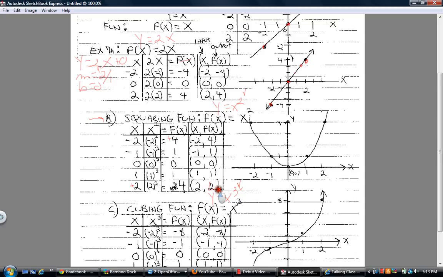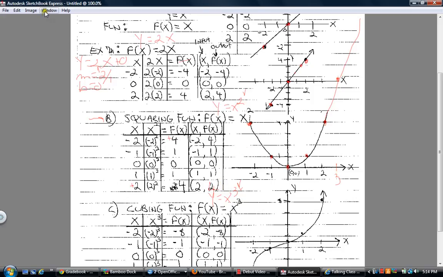What happens if you put a 0 in? 0 squared is 0. So if you start graphing these, you start up here at -2, 4, -1, 1, 0, 0, 1, 1, 2, 4. Could you keep going here at 3? 3 squared is 9. I'd have to go up here approximately. You can see how quickly it's going up. Okay, that's the idea.